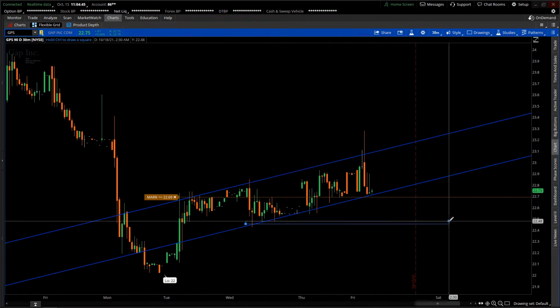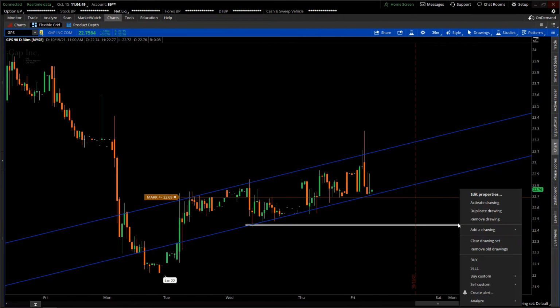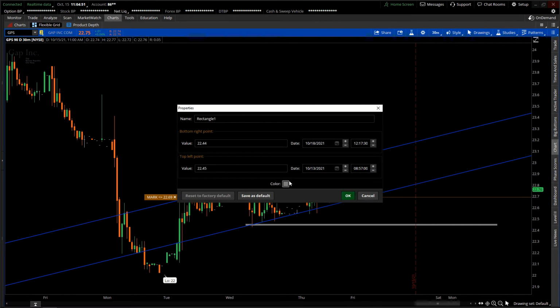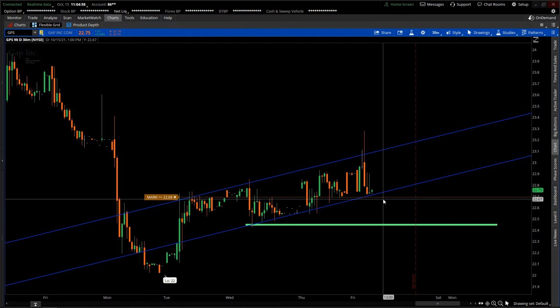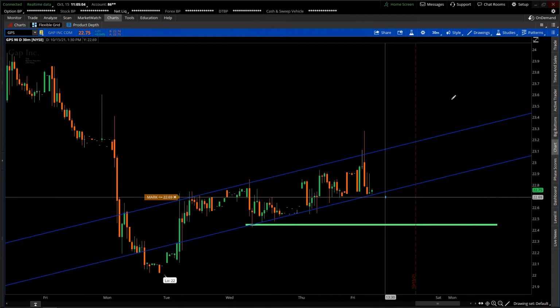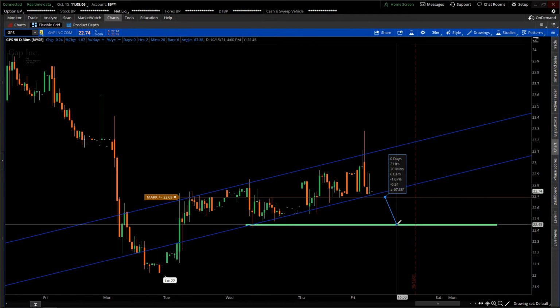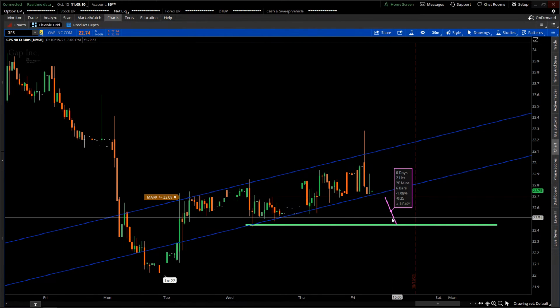So if I enter here to here, I'm looking at an approximately 25 cent move, but that's just the initial part, right?